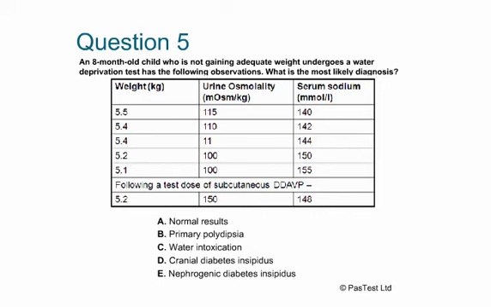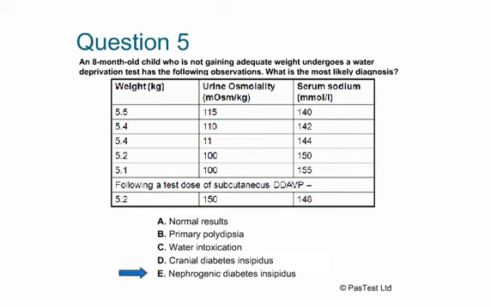Are these normal results? Does the child have primary polydipsia, water intoxication, cranial diabetes insipidus, or nephrogenic diabetes insipidus? The answer is nephrogenic diabetes insipidus.